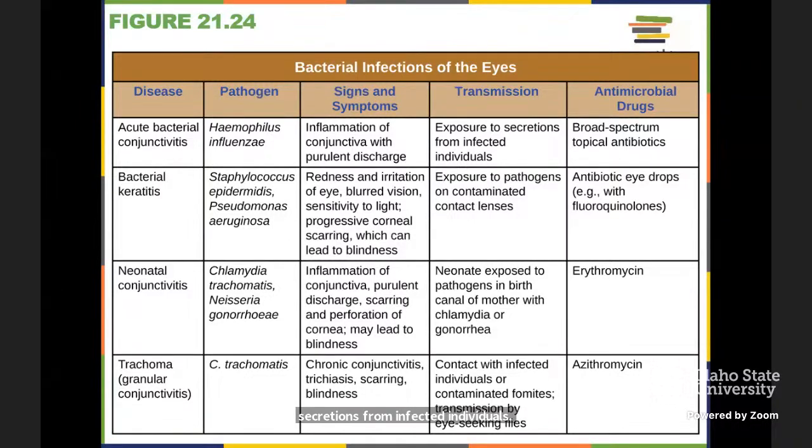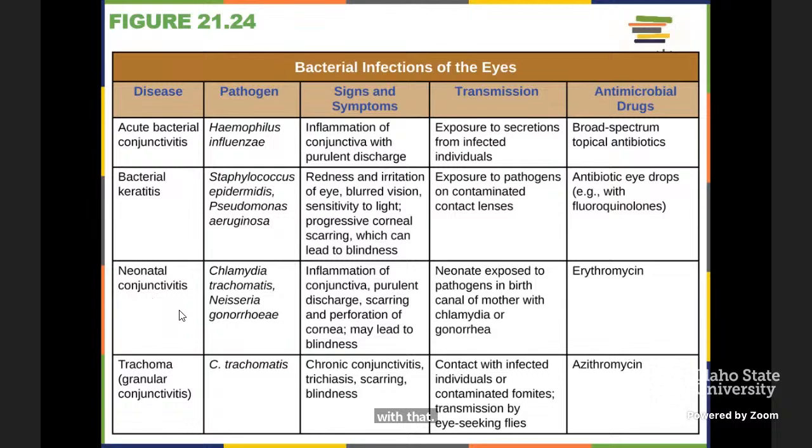And with little kids, touching all sorts of stuff at the daycare or wherever has the opportunity to create an opportunity for everyone to get pink eye. For the keratitis, for the bacterial forms, Staph epidermidis and Pseudomonas aeruginosa can be culprits with that. We'll talk about some other players in a second.